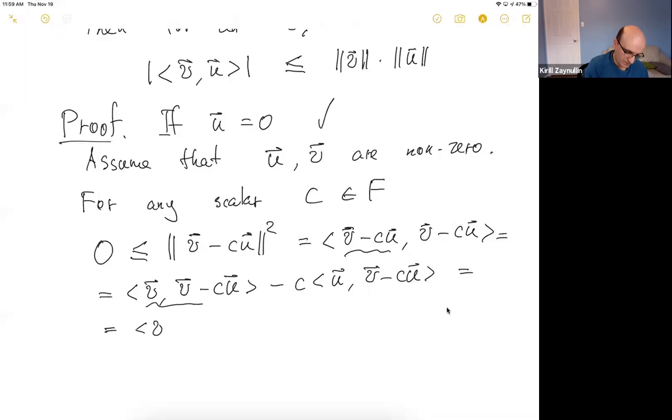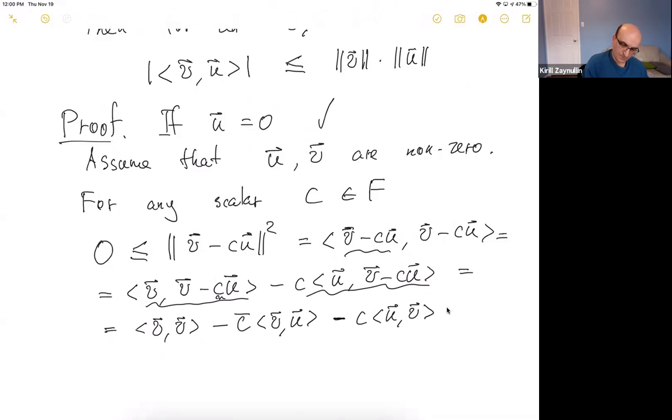So let me do it. I expand this expression: v comma v, minus, and now I move out this c, and it comes with a bar, c bar times v comma u, minus, now I do the same for the second summand, c times u comma v, plus c times c bar of u comma u.